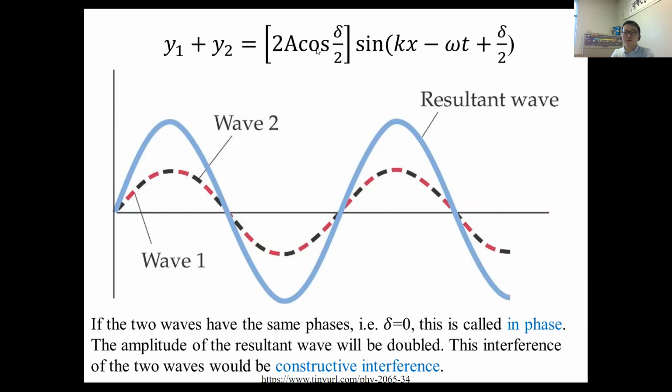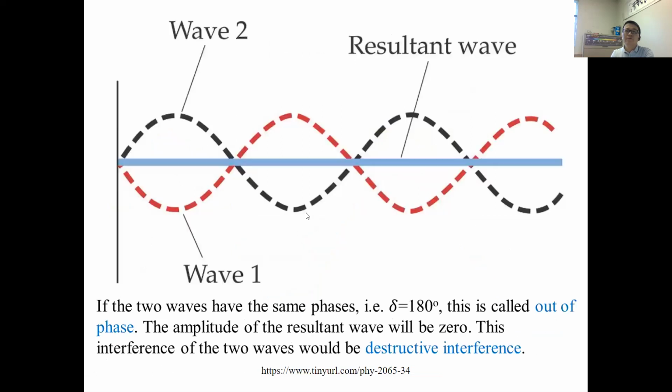Cosine of 0 is 1, so 2A sine, so then it will add up to the original one. So wave 1 and wave 2 will add up. If delta is equal to 180 degrees or pi, then cosine of pi over 2, which is 90 degrees, is 0. So these two are out of phase originally, so when they meet, they will cancel out each other. This is called destructive interference.